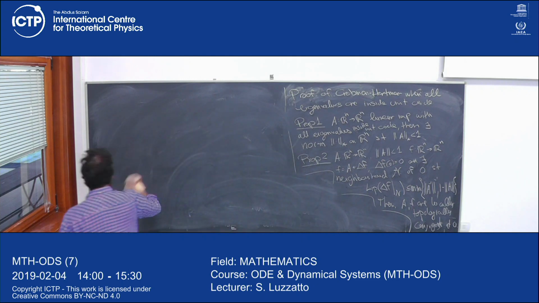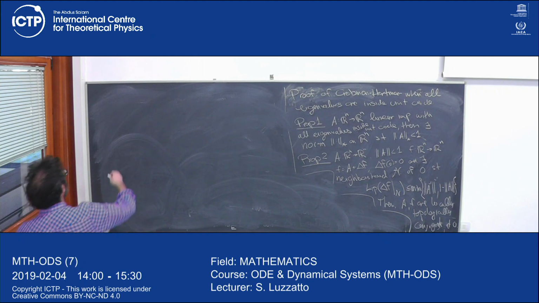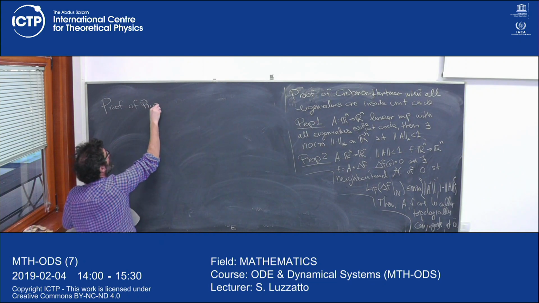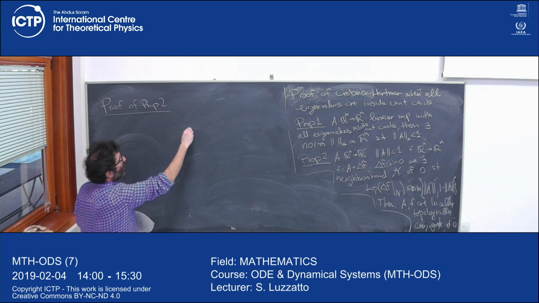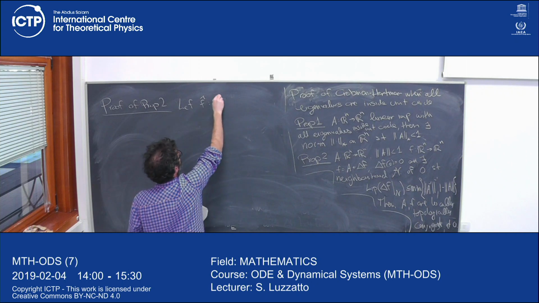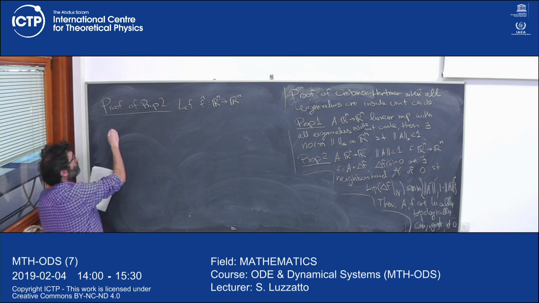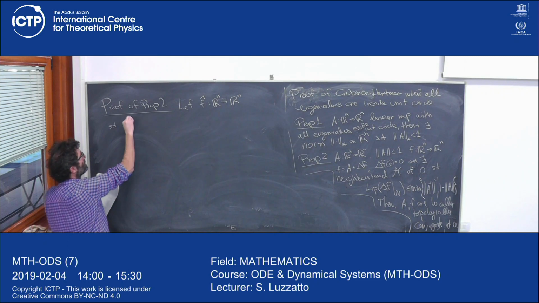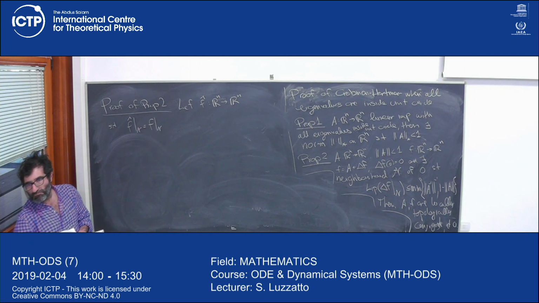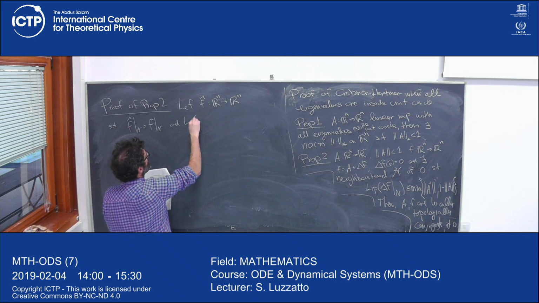Because this is short, we'll start with proposition 2. So, proof of proposition 2. Let f hat from Rn to Rn such that f hat restricted to this neighborhood N is equal to f restricted to this neighborhood N, and Lipschitz.